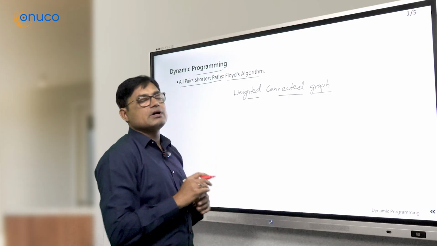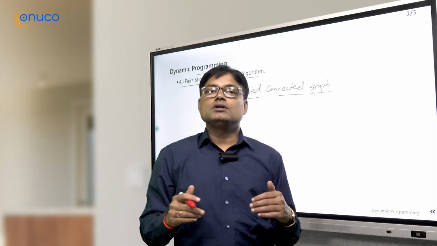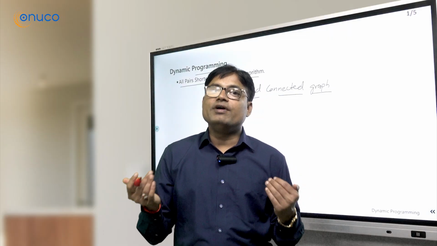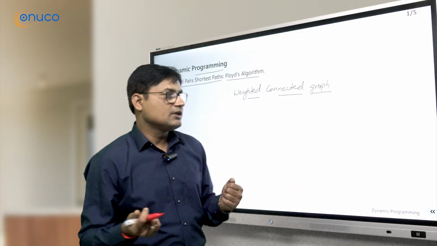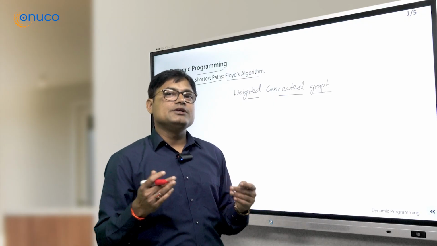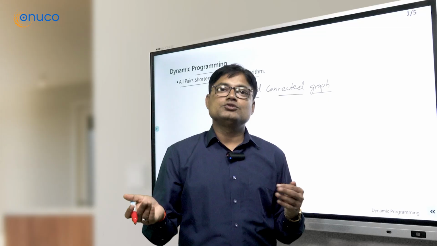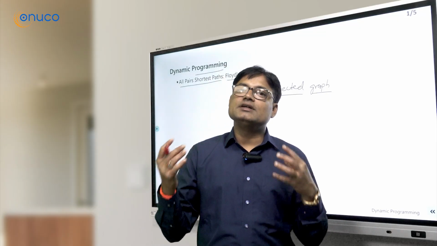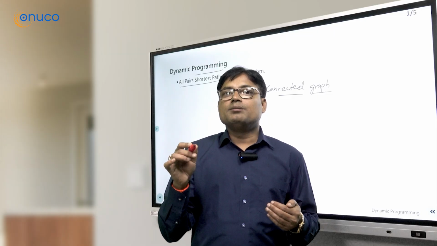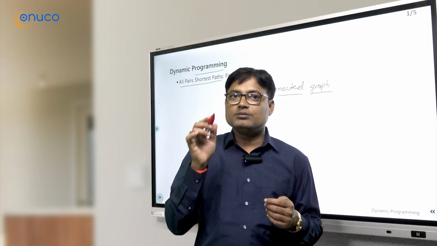It means when you convert this into an adjacency matrix, that matrix will be called a weighted adjacency matrix. So that matrix will not have only 0 and 1, where 1 is true and 0 is false. No, here we will have certain distances. If there is no path, it will be infinity, but source to source distance will remain 0.